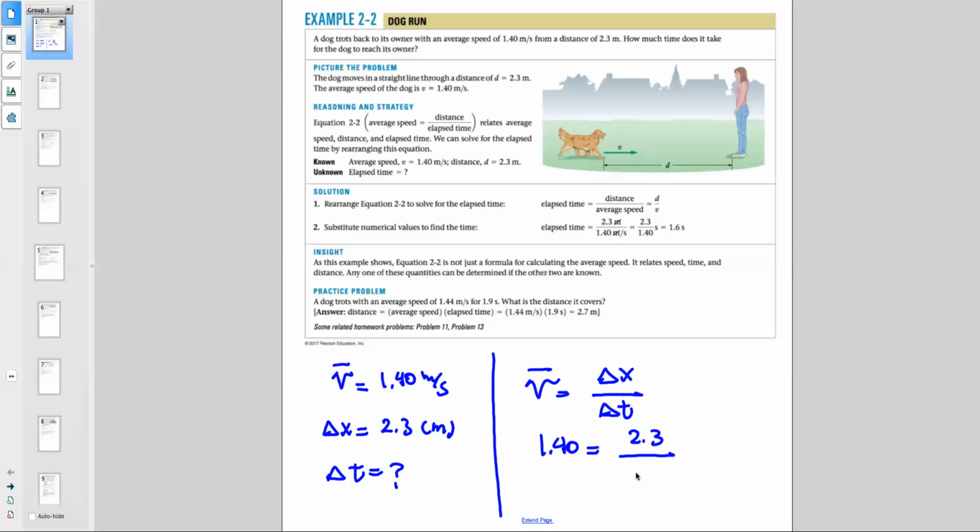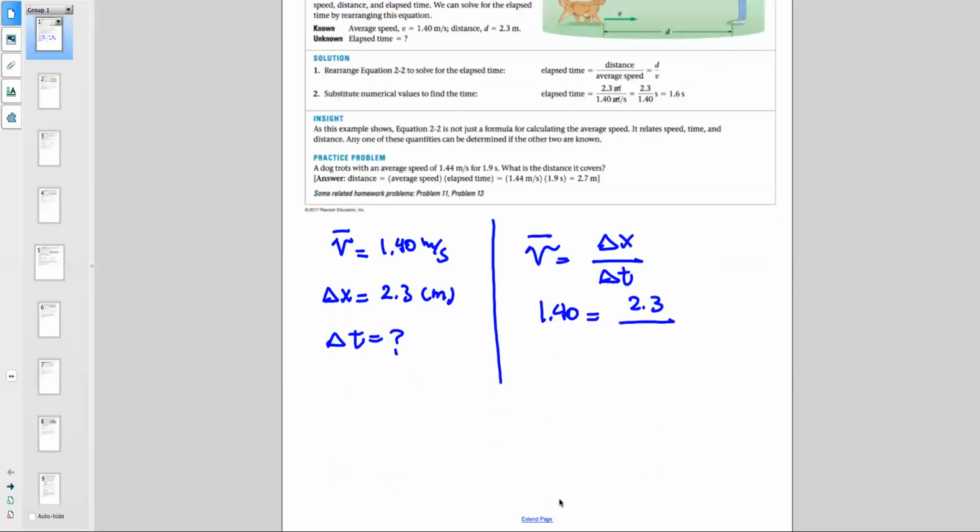Now, just use delta t here. Don't use x. A lot of times when we want to solve a problem for an unknown, we use x, because x has this meaning as if you're looking for something, you're solving something for x, but x has a meaning here in physics.